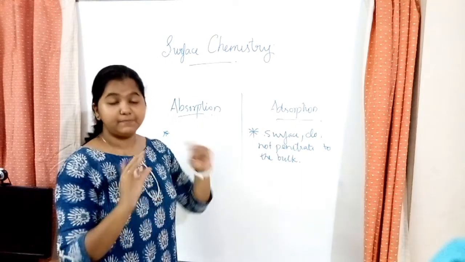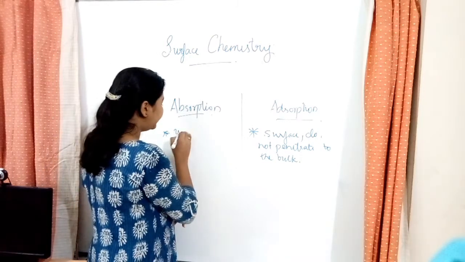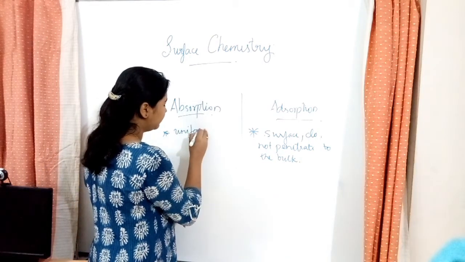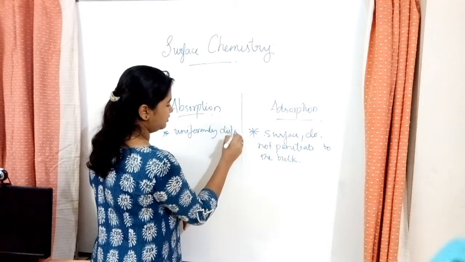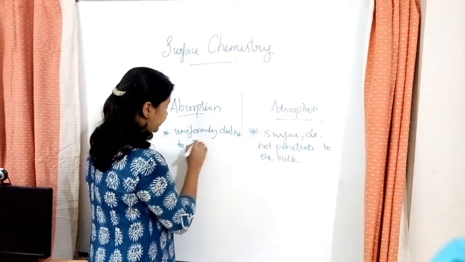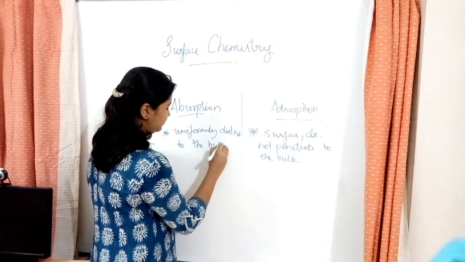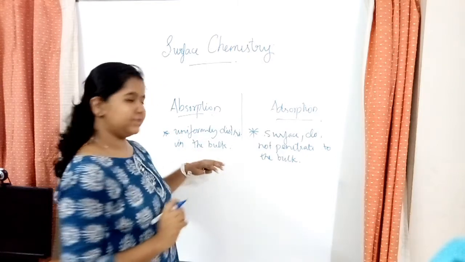The molecular species or the concentration of these molecular species is uniformly distributed in the bulk. So this is the first point.